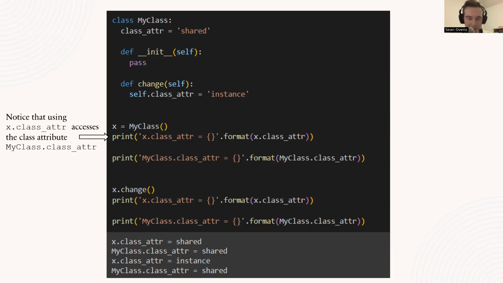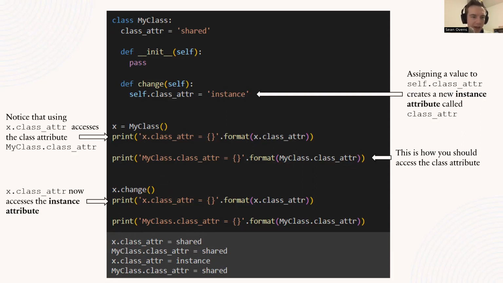The second print statement here is just the proper way to access a class attribute, using myClass.classAdder. This is always how you should access class attributes. Afterwards, we call this x.change method, and what x.change does is assign a value to self.classAdder.